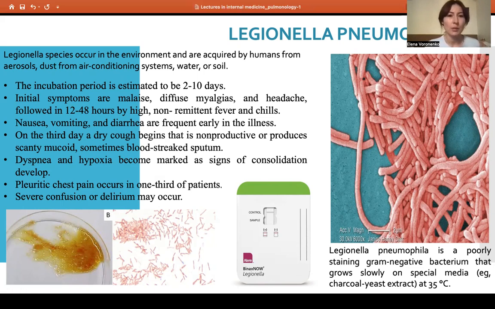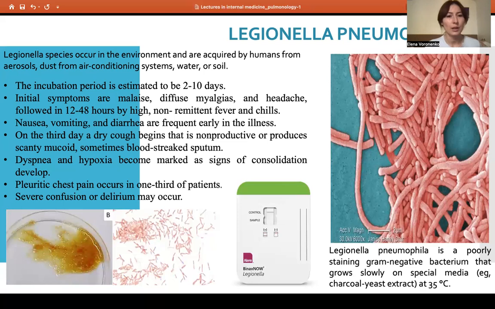Initial symptoms are malaise, diffuse mild chills, and headache, followed in 24-48 hours by high non-remittent fever and chills. Nausea, vomiting, and diarrhea are frequent early in the illness.